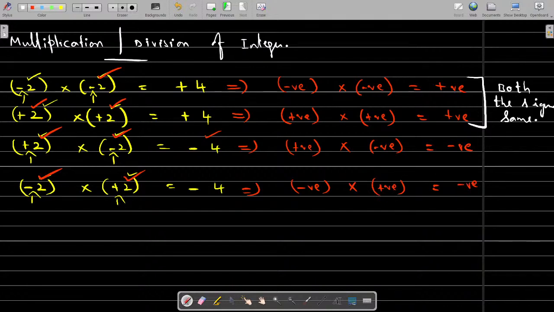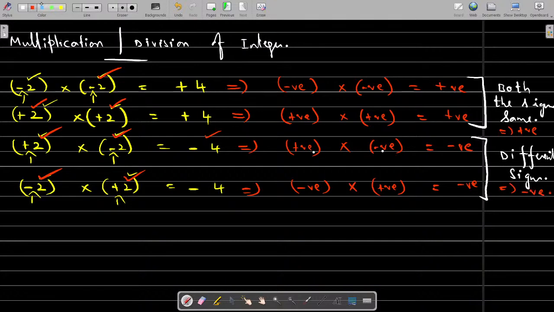So shall I say that one positive, one negative, or one negative, one positive, if you multiply two different signs, you get a negative sign. Here you are concluding with the positive sign and here with a negative sign.